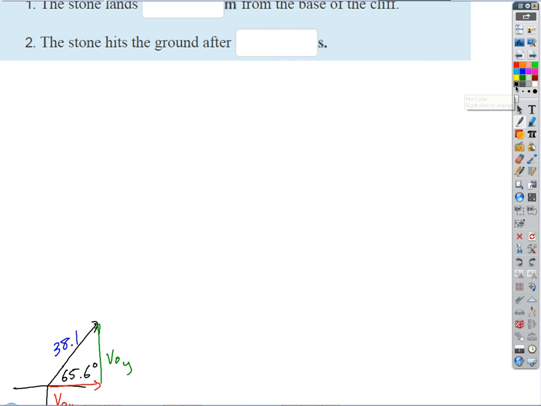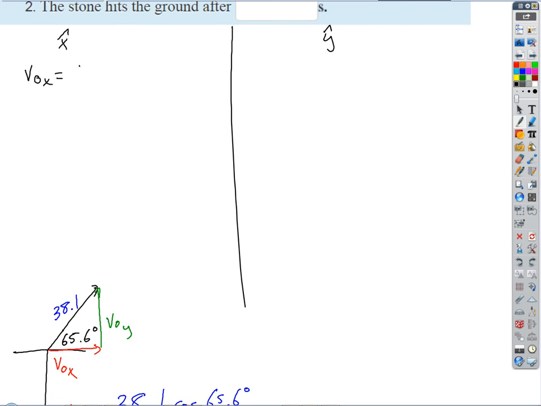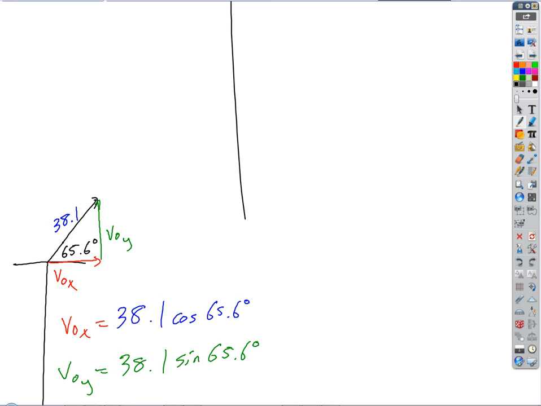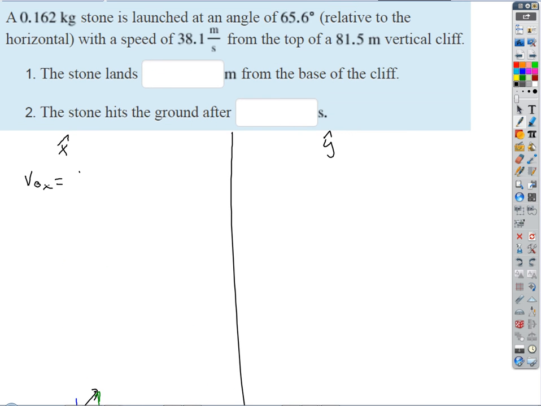So let's take the horizontal part in that column and the vertical part in that column. v naught sub x was 38.1 cosine 65.6, which is just a long way of writing out a calculator number.